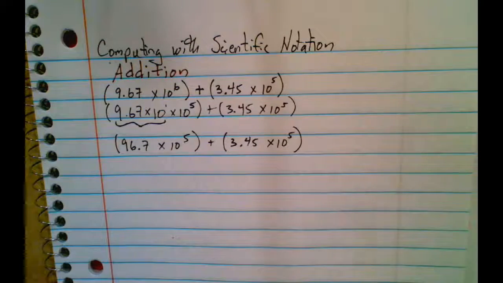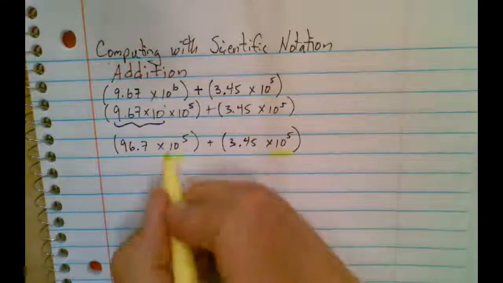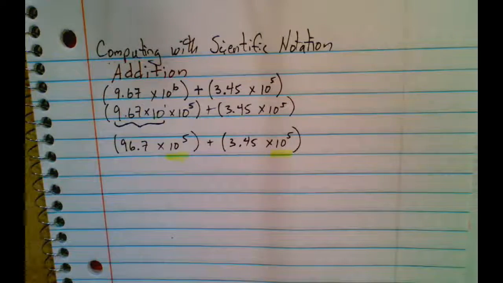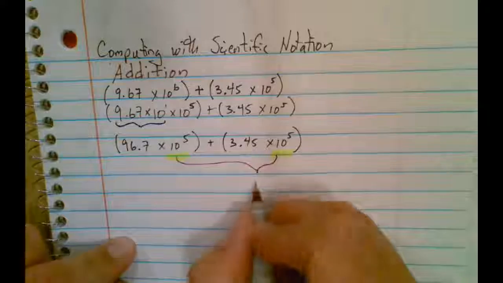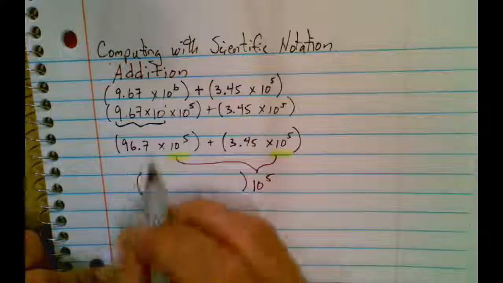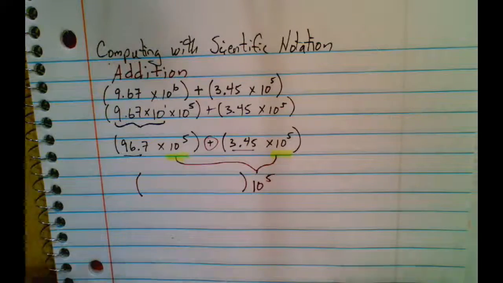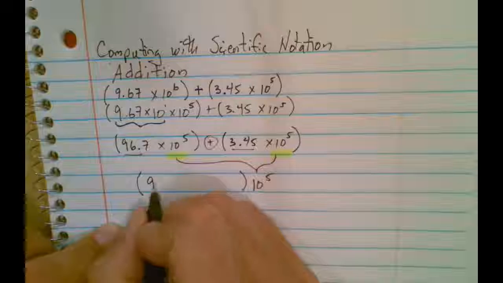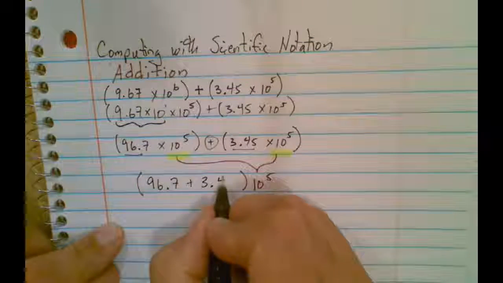Now I have the same piece here and here, so I'm going to factor it out. I bring this piece out here, it becomes 10 to the 5th, and that leaves me with 96.7 plus 3.45.